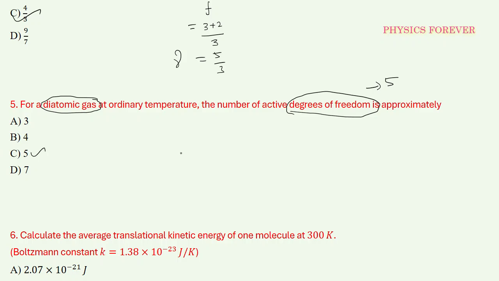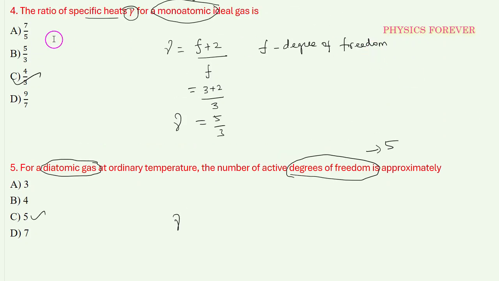In the same way, we find the ratio of specific heats for diatomic molecules: gamma is equal to (f + 2)/f. With f equal to 5, that is (5 + 2)/5, which is equal to 7/5. This is the ratio of specific heats value.